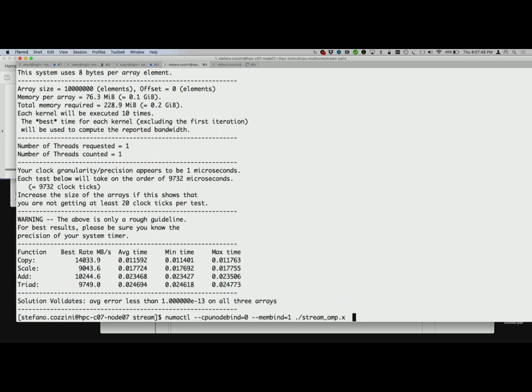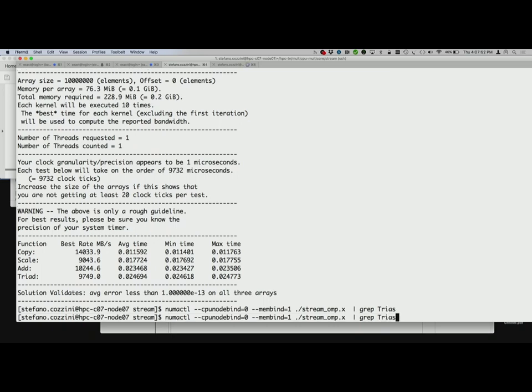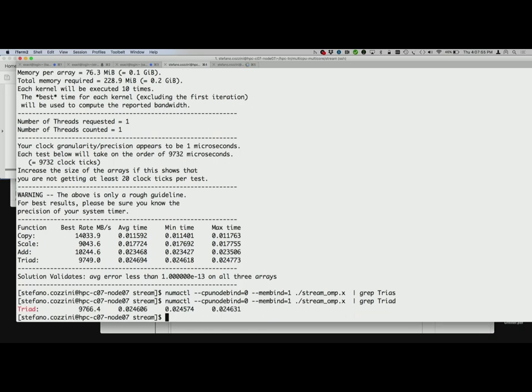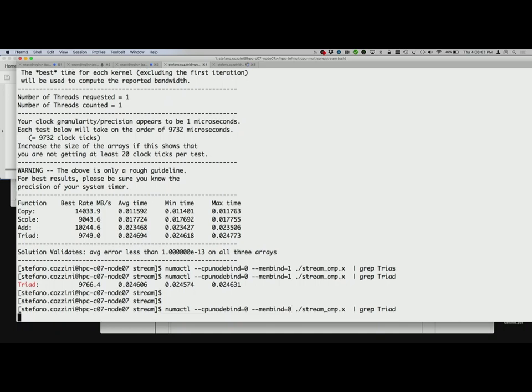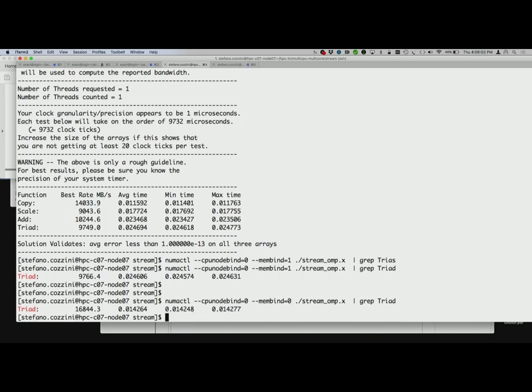Let's do this one because this is quite funny. Not triad. Okay, so this is the triad operation, wrong way. Right way, 16. So quite a big difference.